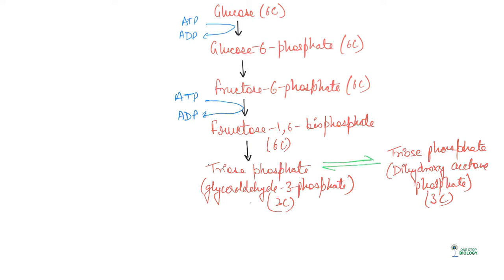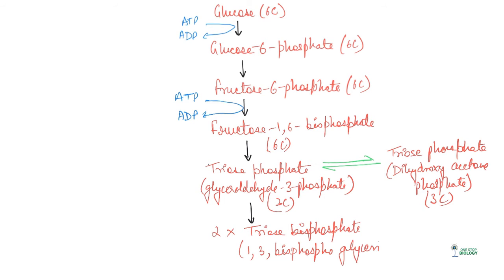In the next step, you'll see that glyceraldehyde 3-phosphate is going to convert into 2 molecules of triose bisphosphate, which is 1,3-bisphosphoglyceric acid, right? Now what happens after that?